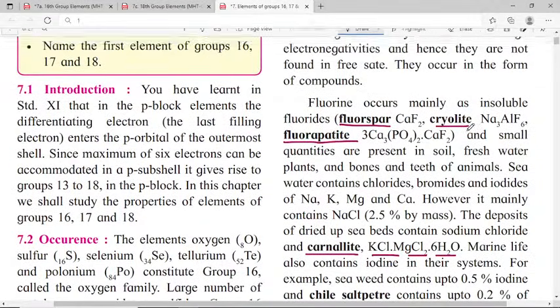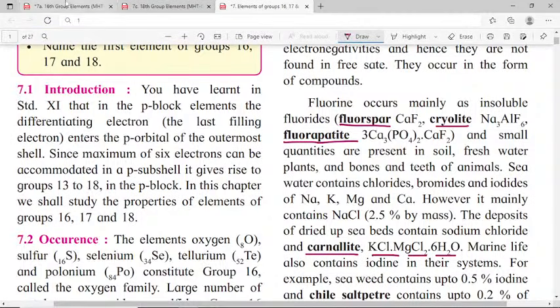Cryolite and carnallite are both different. Na3AlF6 is cryolite, and potassium chloride, magnesium chloride, 6 hydrate is carnallite. Carnallite is a double salt and cryolite is a coordination compound, Na3AlF6. Okay, get it? Please mention it in your textbook.